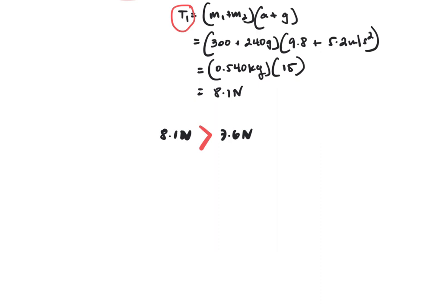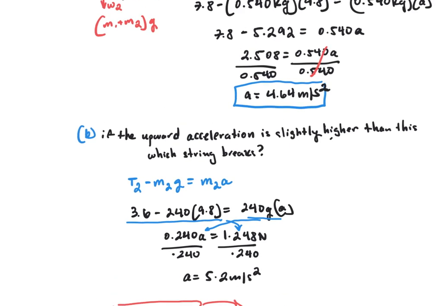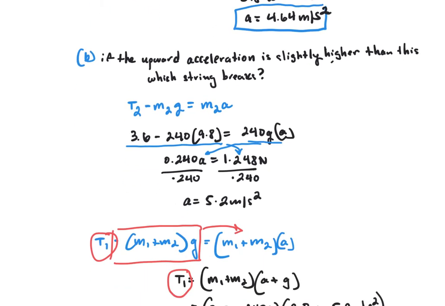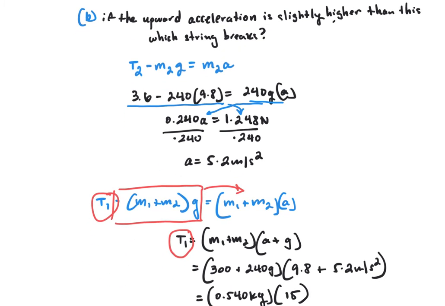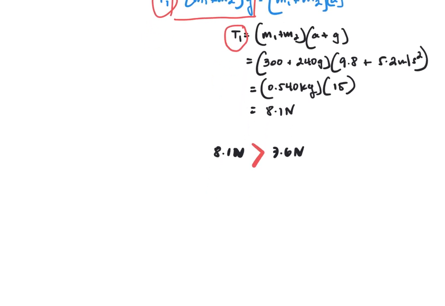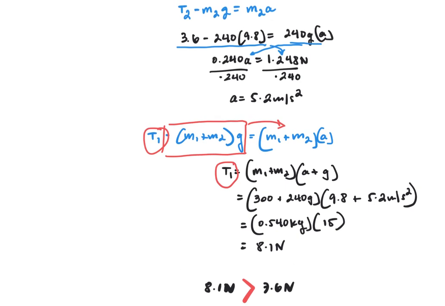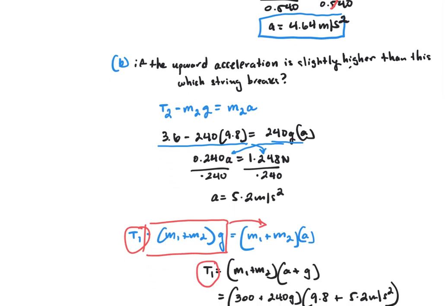So if the acceleration is greater than what we originally got in letter A, 4.64, if the acceleration is much higher than that, which we did get for B, which is 5.2, then the upper string will break. Does that make sense? Okay, so let me say that again. Since our acceleration for A was 4.64, anything higher than that, then the string will break.